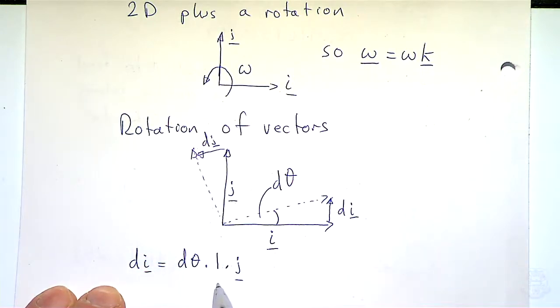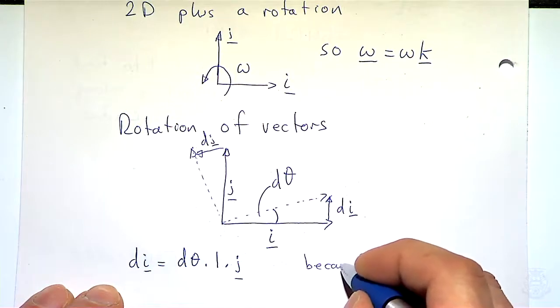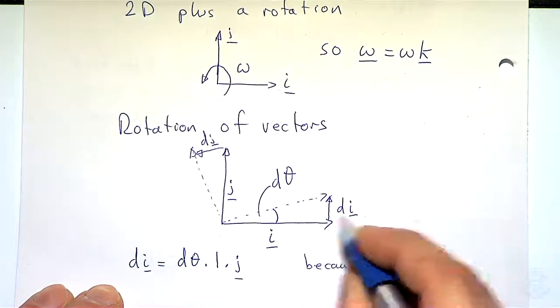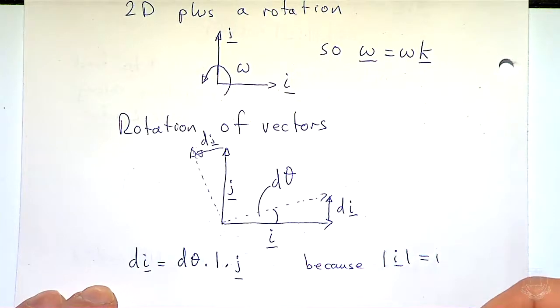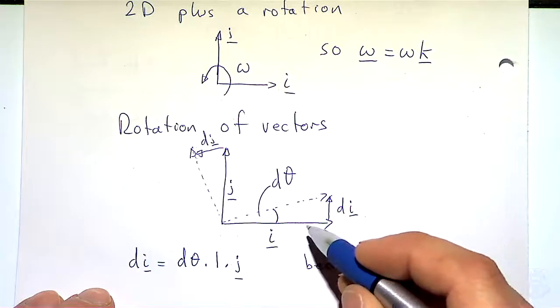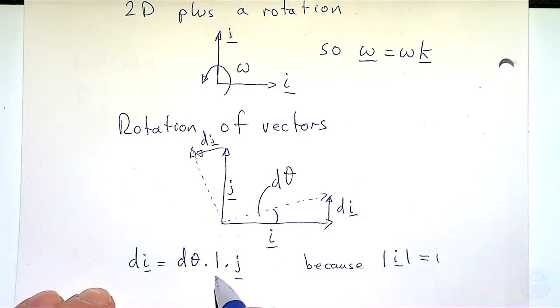And the 1 here comes from scaling the length of i to be equal to 1. So we're assuming that the vector we've drawn is equal to the size of 1. When we take the arc length, the arc length is the angle times the distance from the center, isn't it? We're making that equal to 1.